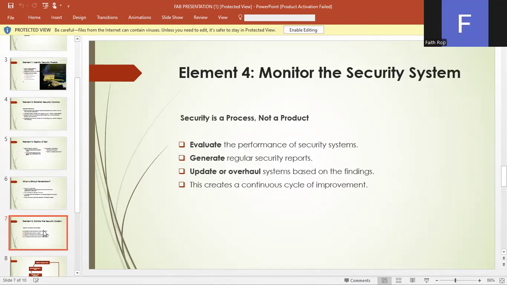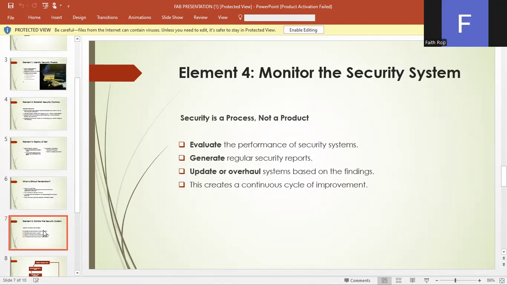The steps in monitoring these security threats: you evaluate the performance of the current security system tools, then you generate and review the security reports, then you update or replace the outdated measures.